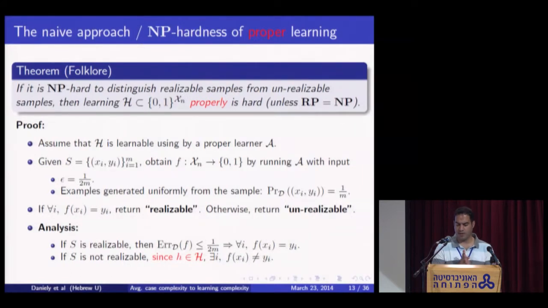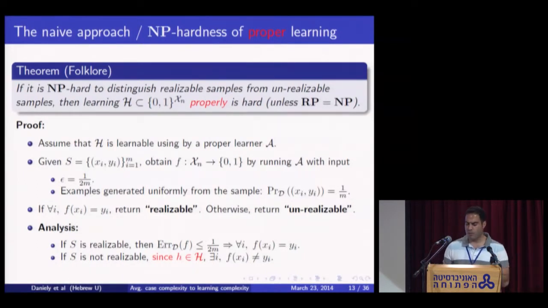What do I mean by that? We give the algorithm an error parameter epsilon, which is 1 over 2m, where m is the number of examples in our sample. Whenever the algorithm asks for a random example, we simply choose uniformly at random from the examples in the sample S. So we run the algorithm this way.